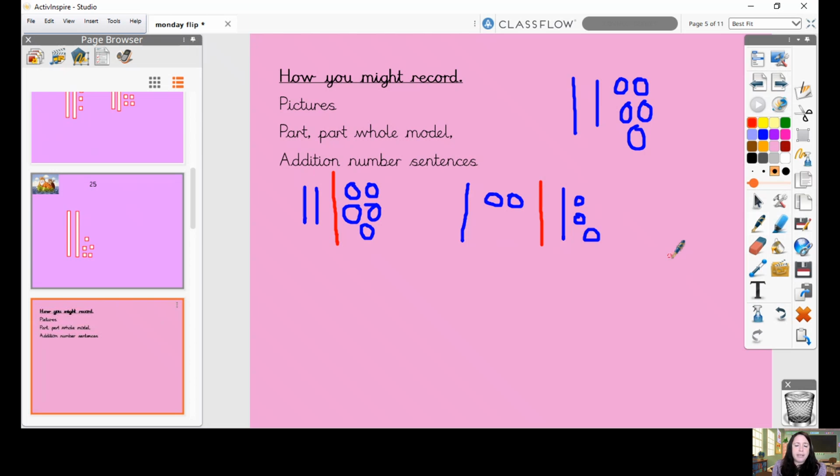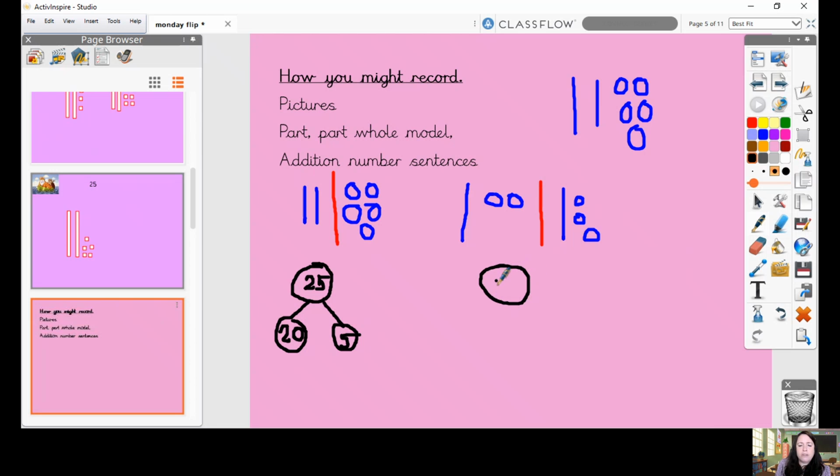Or you might want to do it as a part-part whole model. So you've got your altogether number at the top, which we know is 25. And we're going to partition that into 20 and 5. But over here, we've partitioned it in a different way.